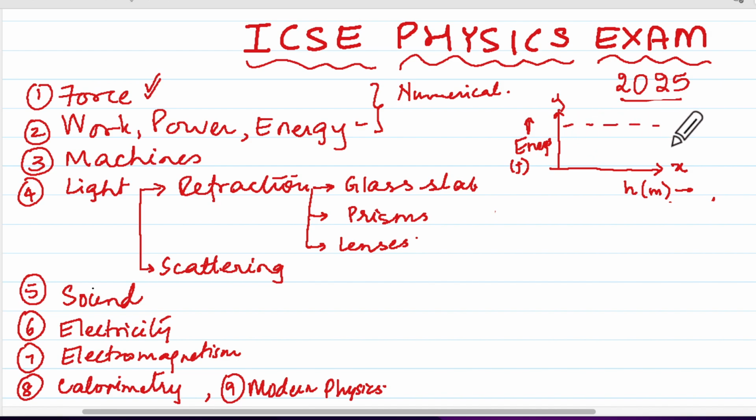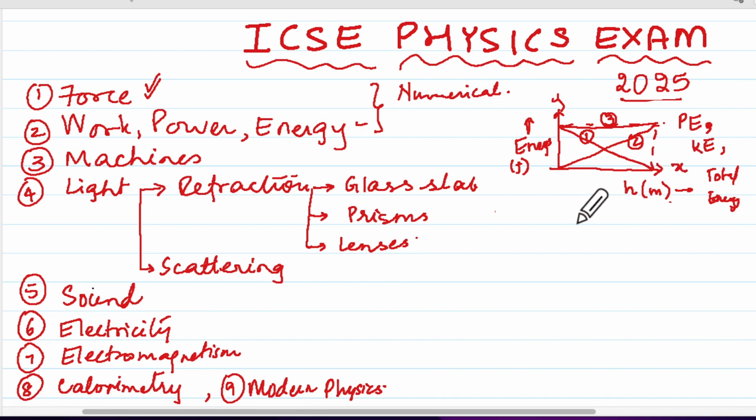You will have one graph this way, one graph this way. If I call this as graph number 1, this as graph number 2, and this is graph number 3 this way, then you have to recognize which one of these is potential energy, kinetic energy, and the total energy. Understand the graph, because question based on this can come.